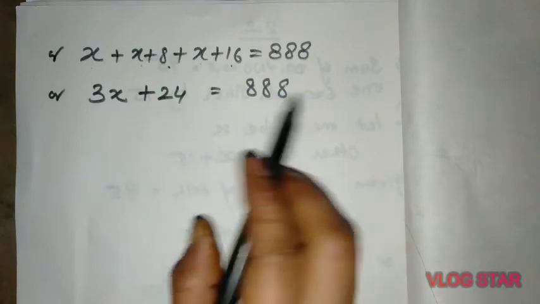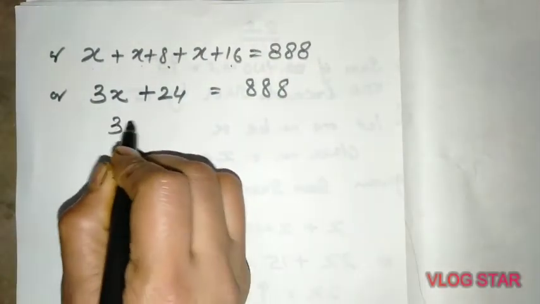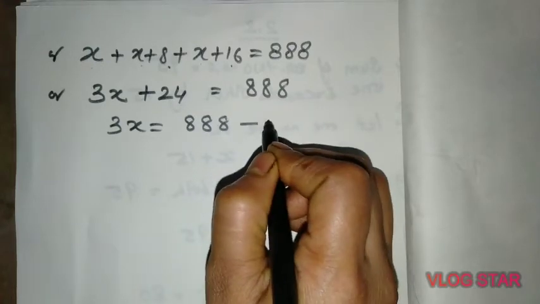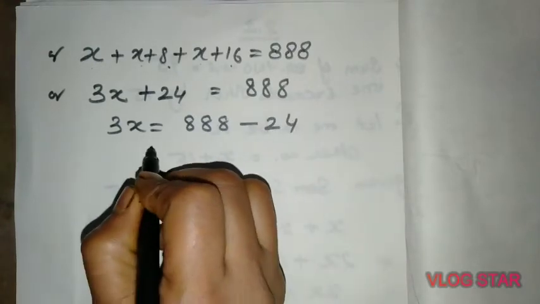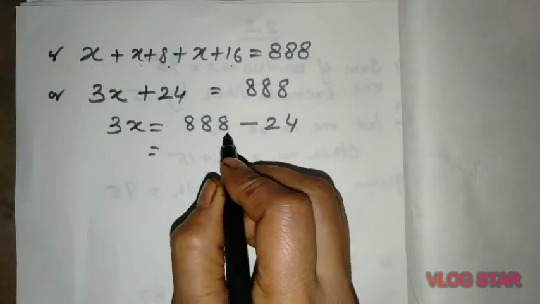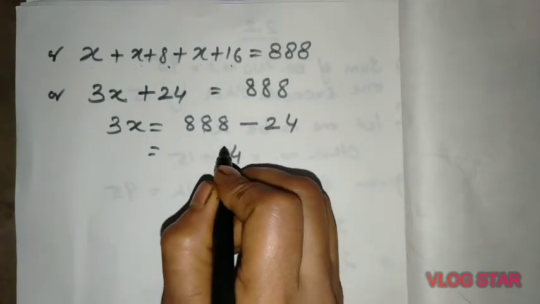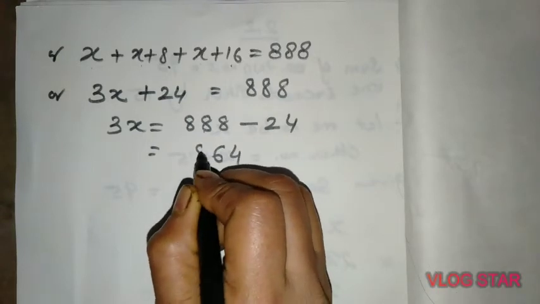Now we transfer this 24 to this side. 3x is equal to 888 minus 24. When we subtract this, we get 8 minus 4, 4, 8 minus 2 is 6, and 8.